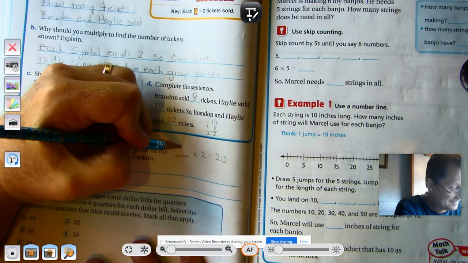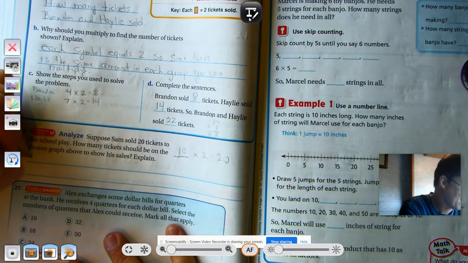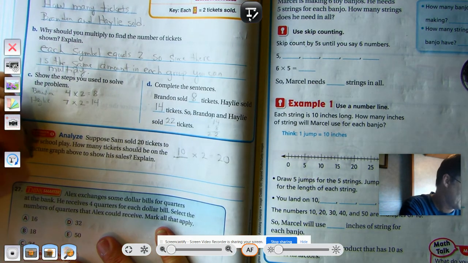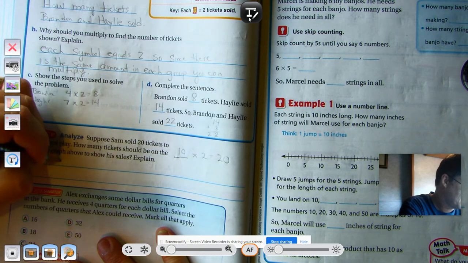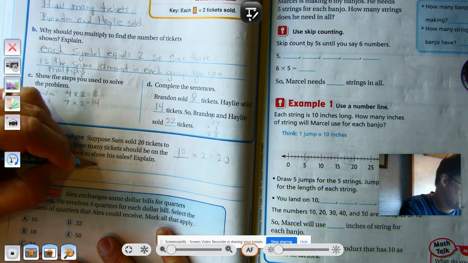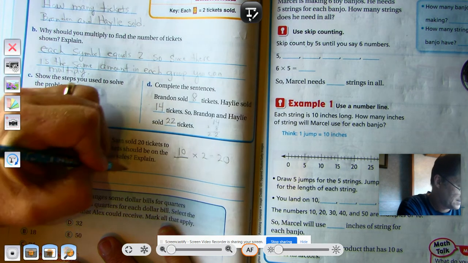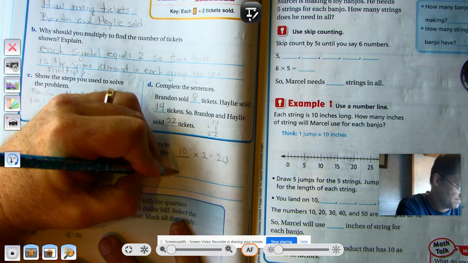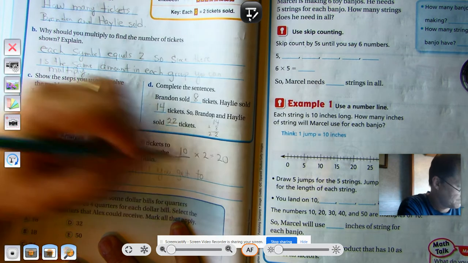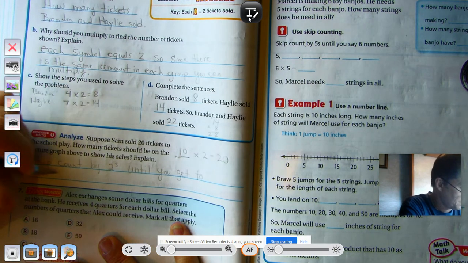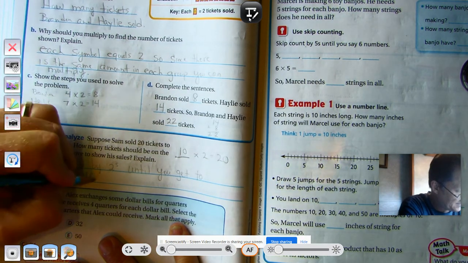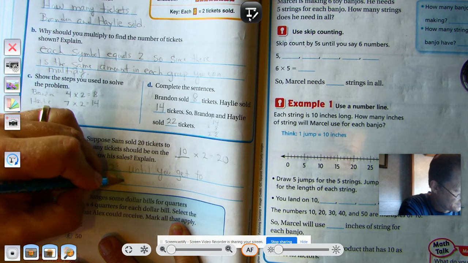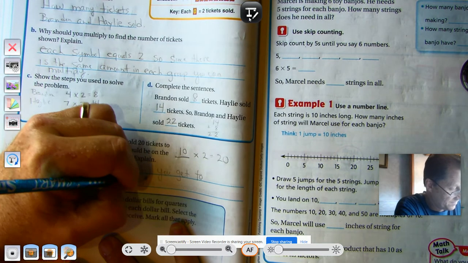So that was 10. Skip count by 2s until you get to 20. So 10 tickets should be on the picture graph.